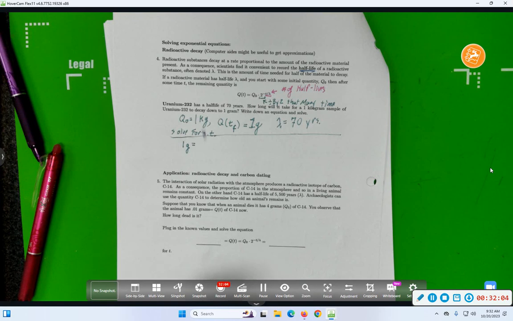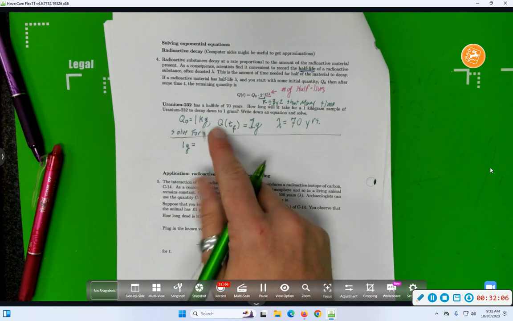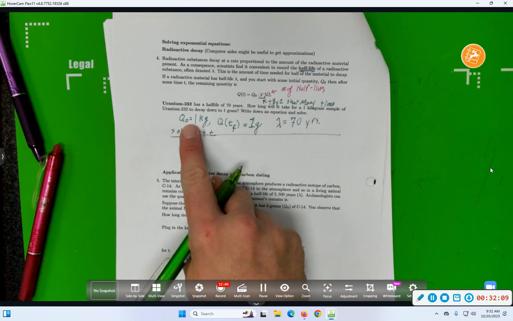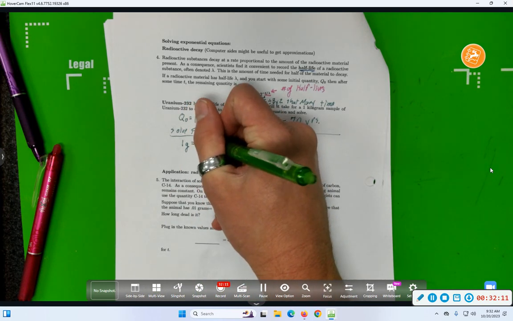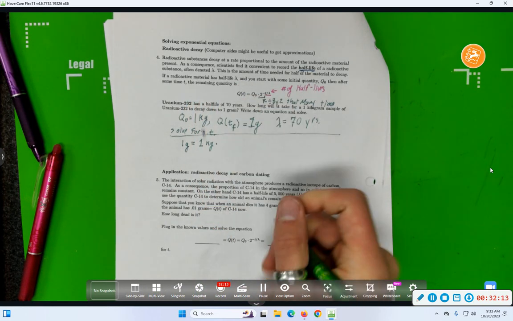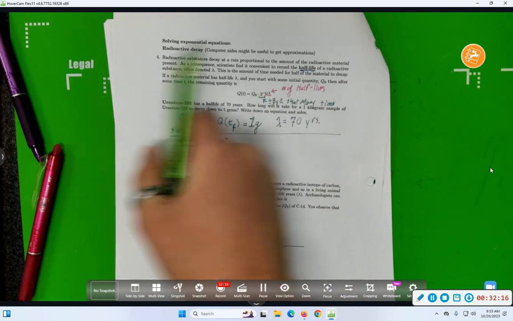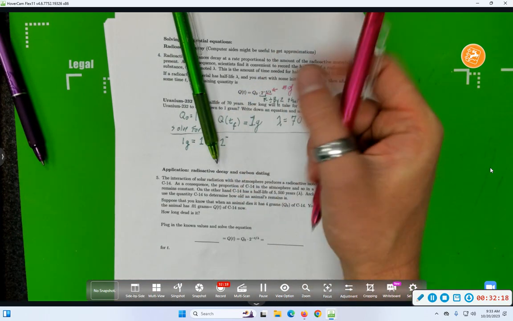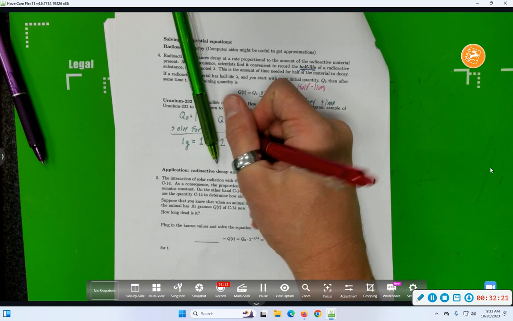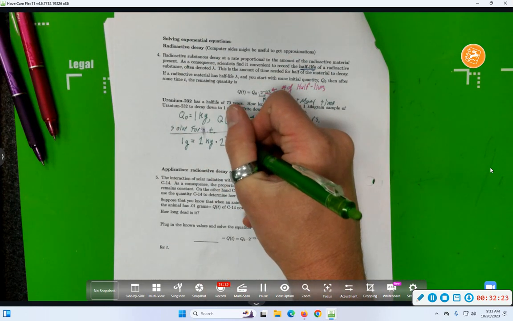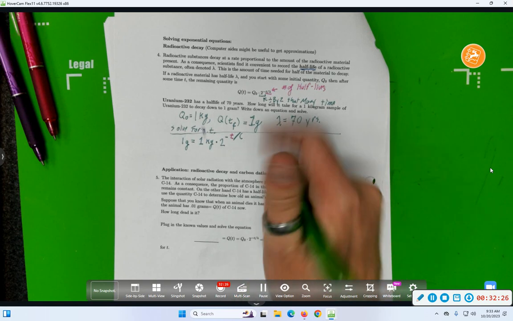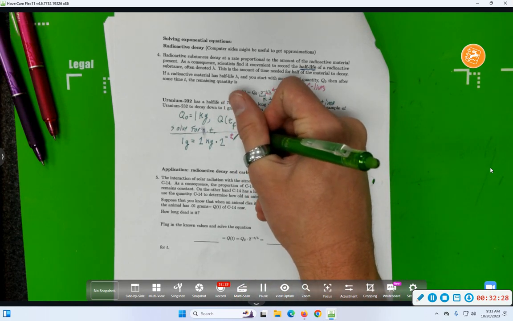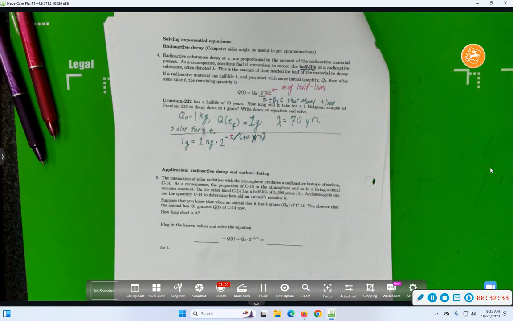The final quantity is 1 gram, equals initial quantity 1 kilogram times 2 to the negative t, I would like to know what t is, divided by 70 years. And I've included all the units because I think they kind of matter this time.